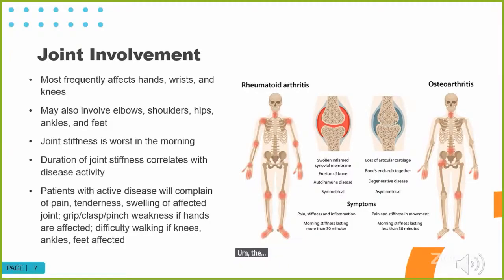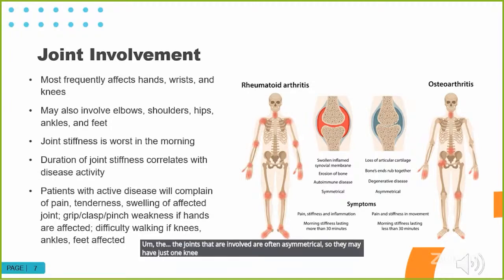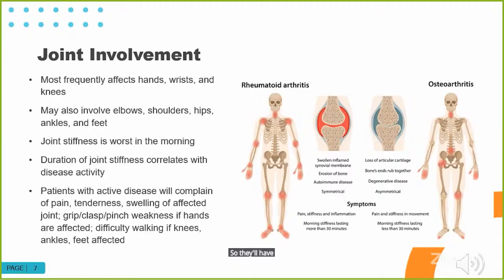The joints that are involved are often asymmetrical, so they may have just one knee or one elbow that is affected by the disease process, whereas patients with rheumatoid arthritis will have symmetrical involvement. So they'll have both elbows or both knees or both ankles that are affected by RA.